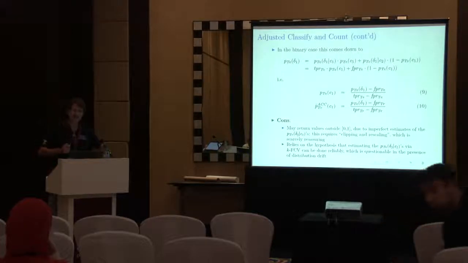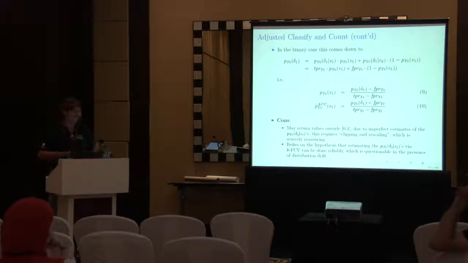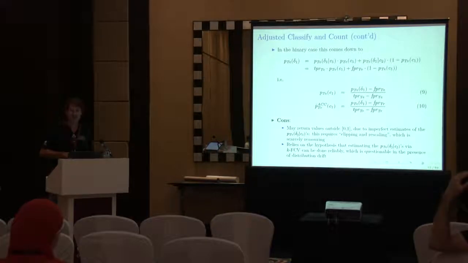And a second problem, which is even more troublesome, is that this method relies on the hypothesis that the misclassification probabilities can be reliably estimated on a training set. This is a troublesome hypothesis given that we assume we are in the presence of distribution drift, because we assume that the IID hypothesis is not really verified.